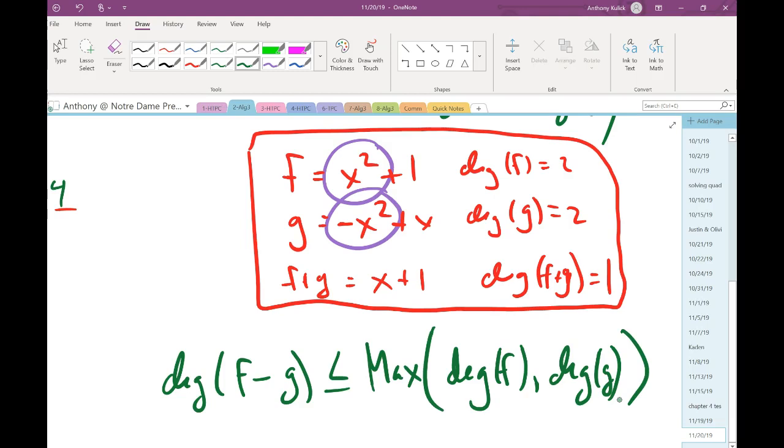Suppose f is a degree 4 polynomial and g is a degree 3 polynomial. Is it possible to get anything other than a degree 4 when I add them together?